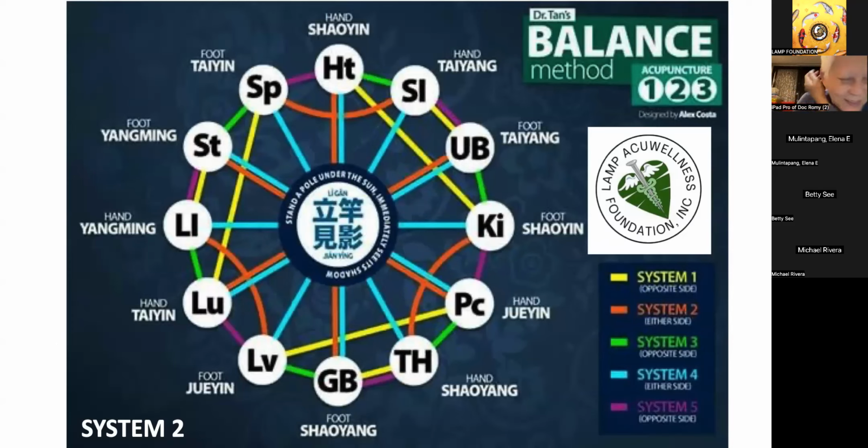So, for system 2, we use the red. Basta po yung magkakakabit, yun ang pairing na dapat gamitin. Unahin muna natin yung system 1. Mamili po kayo kung anong gagamitin, yung go-to system.